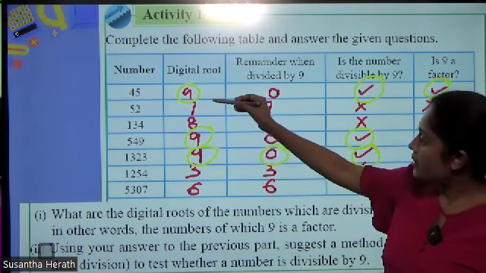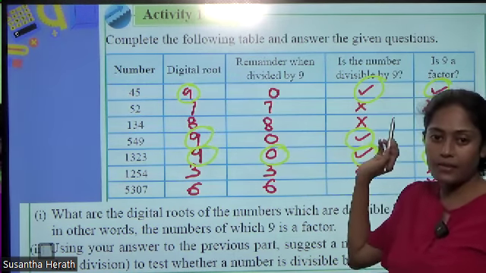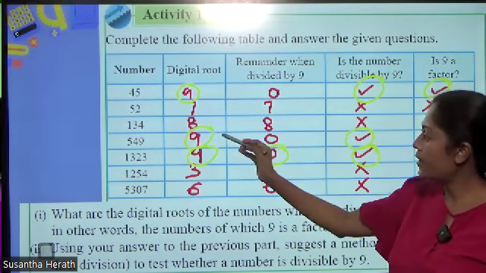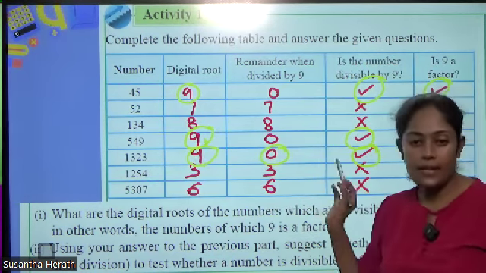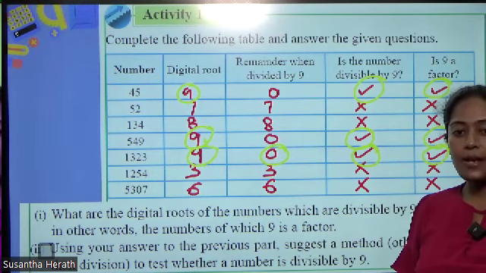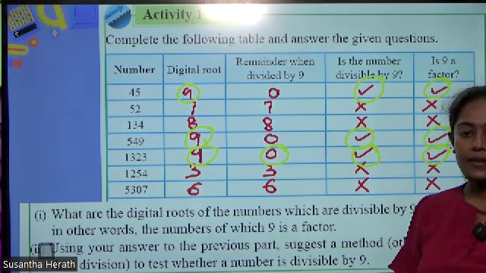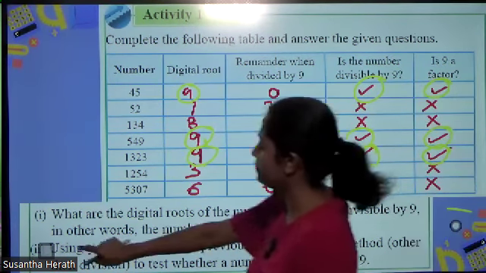If the digital root is 9, that number is divisible by 9. We can say we can divide it by 9 without remainder. Right. Then we'll move to the next one.